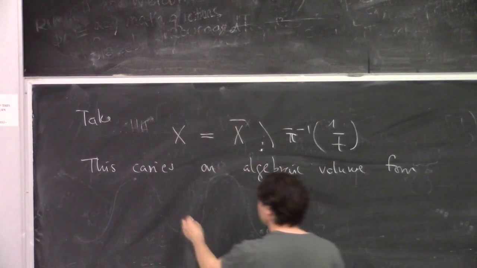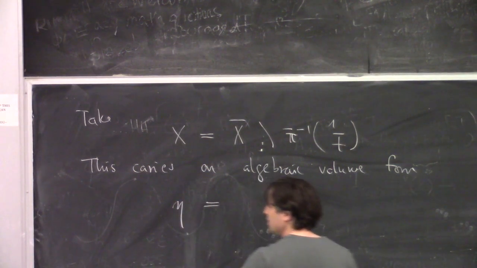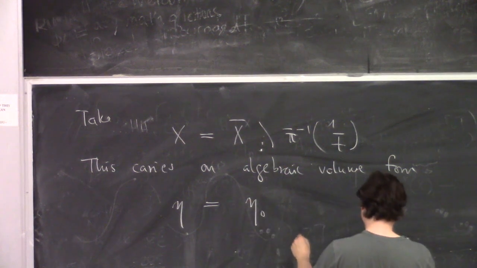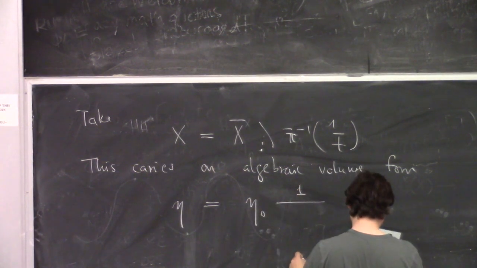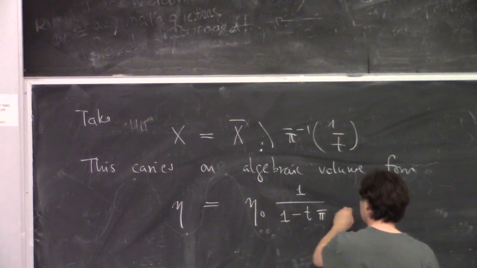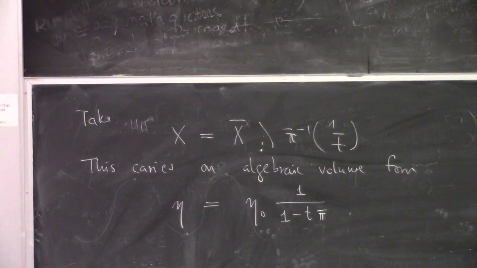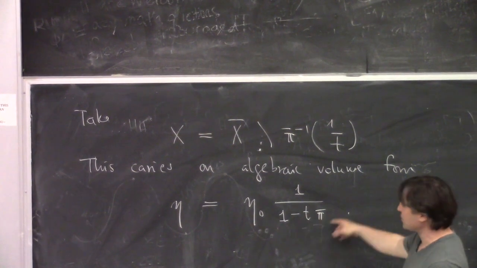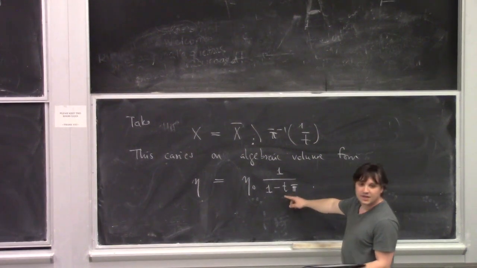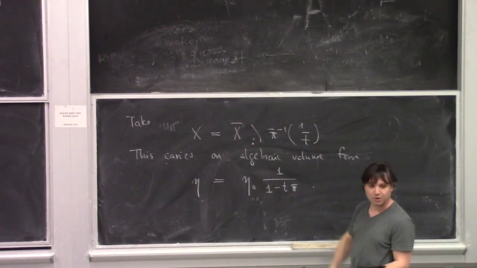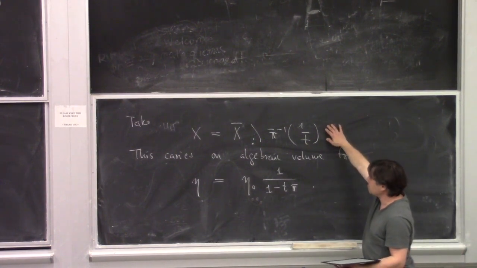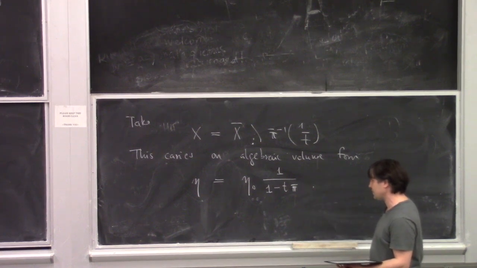So this carries an algebraic volume form, eta. If you multiply eta naught by this function here, you will acquire a new pole at the fiber over t inverse, and you will simultaneously remove the pole at infinity. So now we have this family and the family of algebraic volume forms.